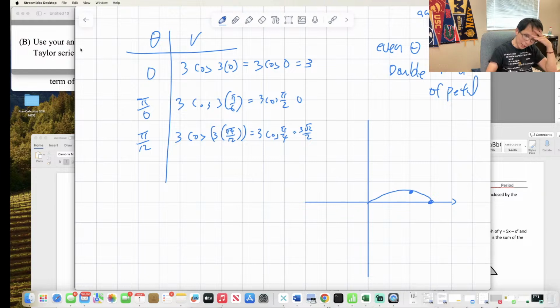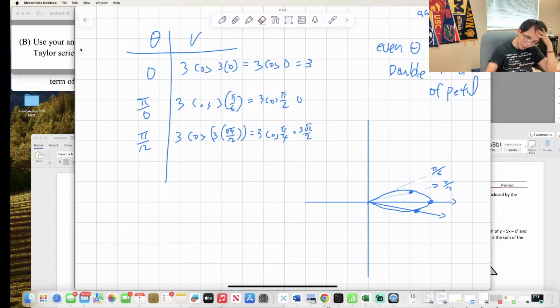Now, if you go the other side, it's going to give you something like this, because this is at pi over 12. When you go to pi over 6, that's going to go back to the 0, because when we plug in pi over 6, that gives me 0. If I do the same thing here, it's going to go to this point and this point, so the petal is going to come back like this.